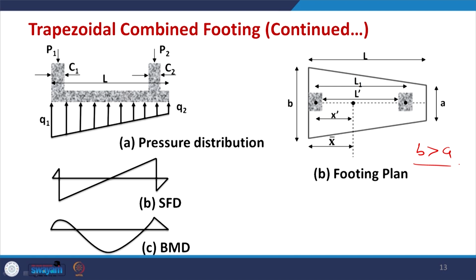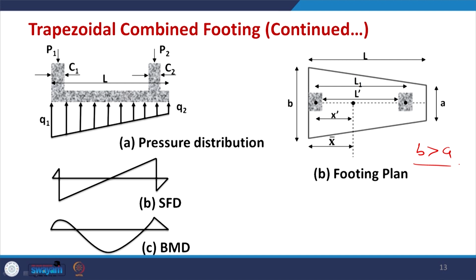So, in this condition, once you have B greater than A, we provide this trapezoidal footing, and the other things remain the same, that means still we need to make sure that the resultant of the column loads coincides with the center of gravity of the footing.